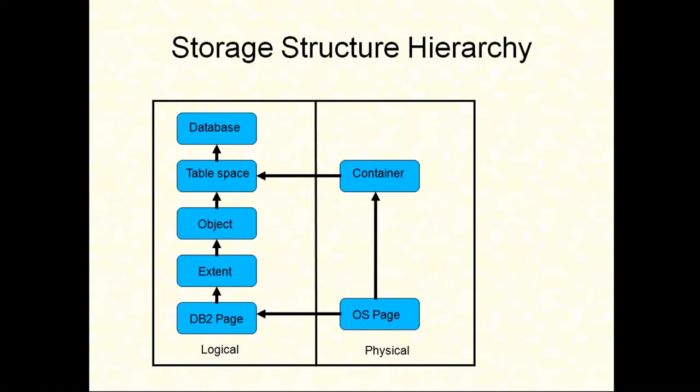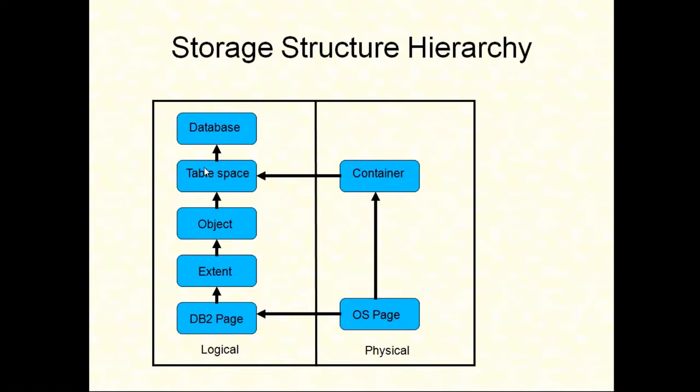If you see this, you will understand that this is the storage structure hierarchy. Here, the OS page directly correlates to the DB2 page. And if you club multiple DB2 pages, it will become an extent. In these extents, you can put your database objects, and the database object always resides in a table space.